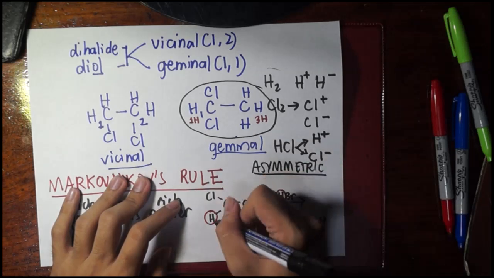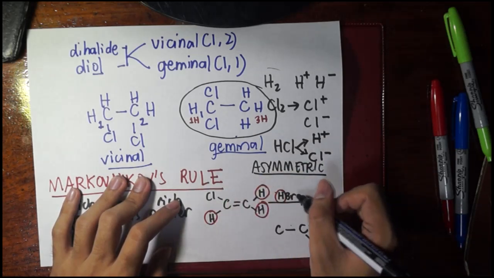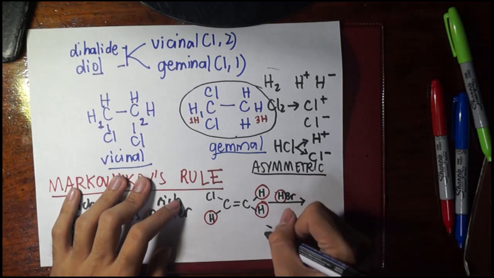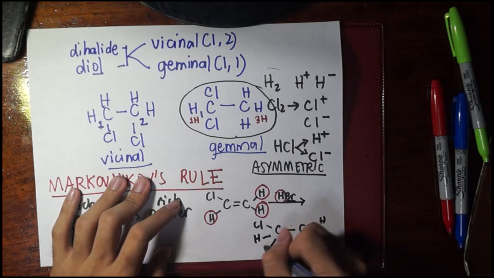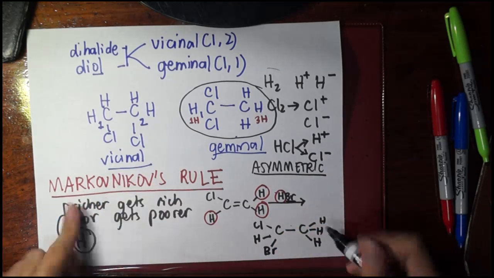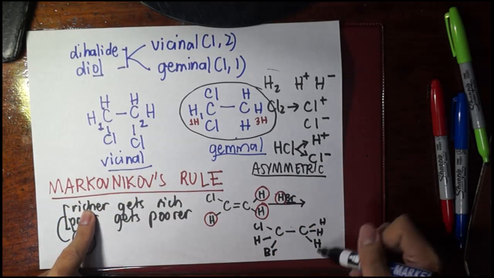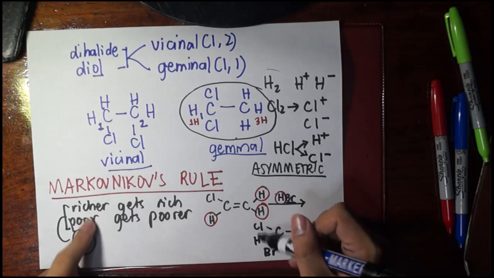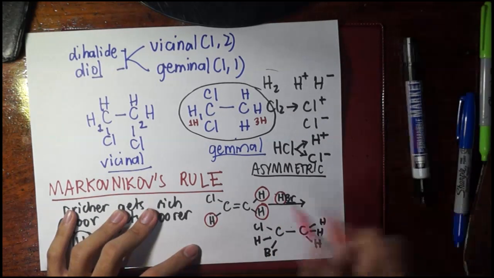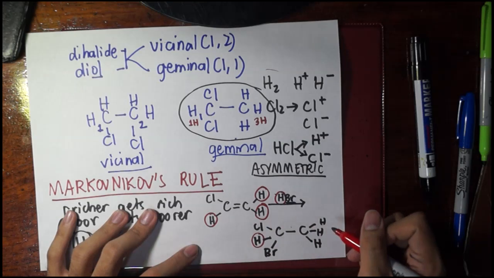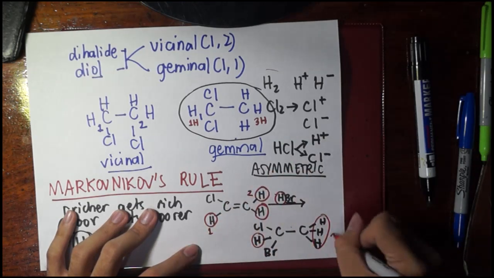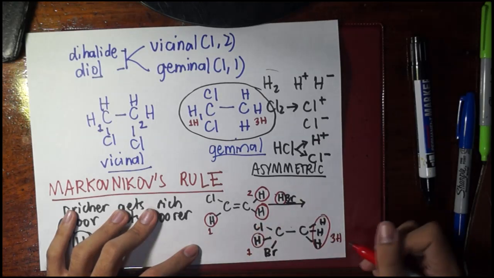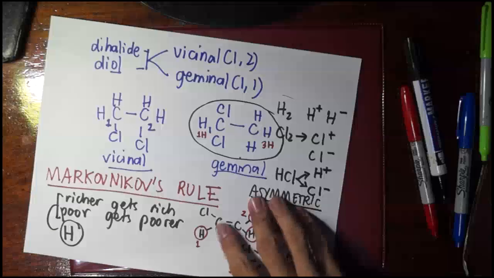And wherever there is less hydrogen, we put the other half there. So the bromine also goes here. So the richer gets richer, the poorer gets poorer, or at least they just maintain the same number of hydrogens, right? Because here we have 1, we have 2. Now the rich get richer, and here the poor remains poor. Alright, so I hope you understand that. Anyway, this is just a review.